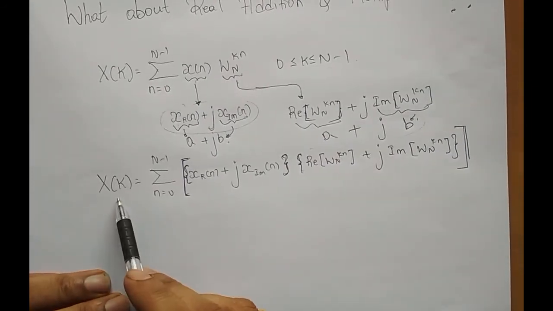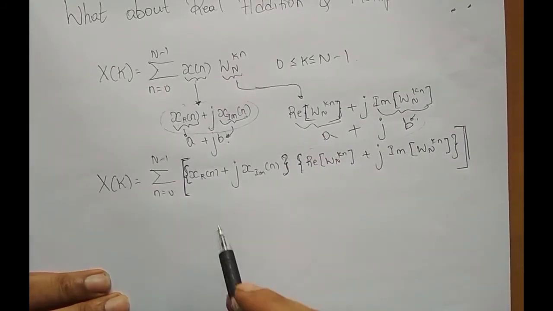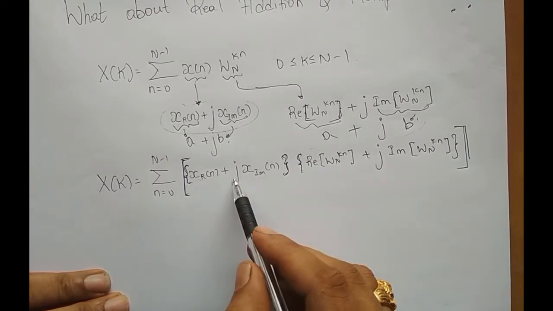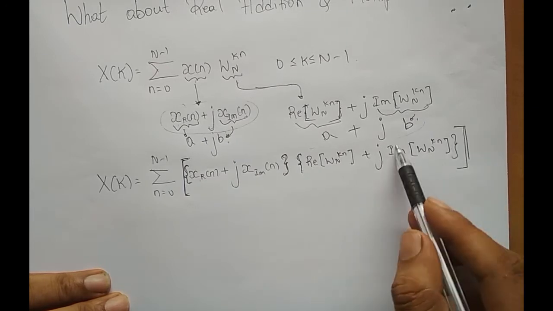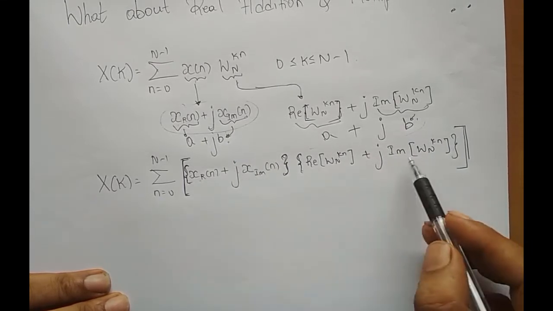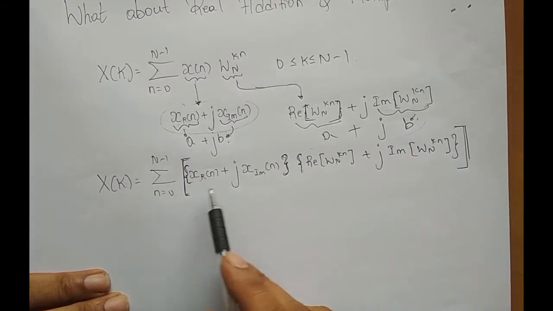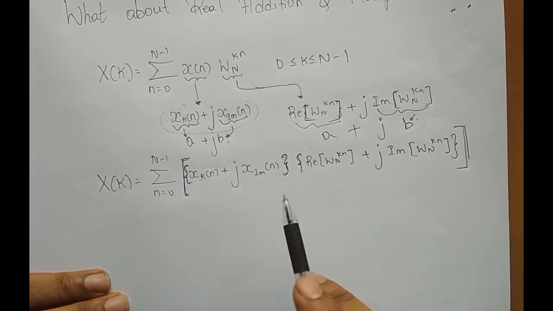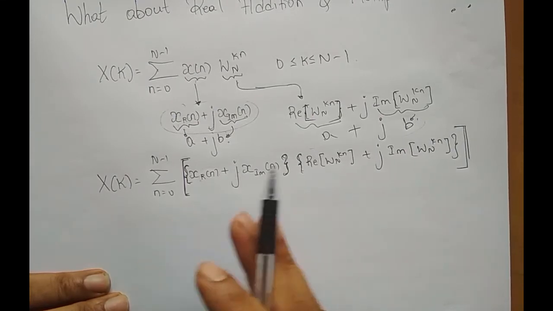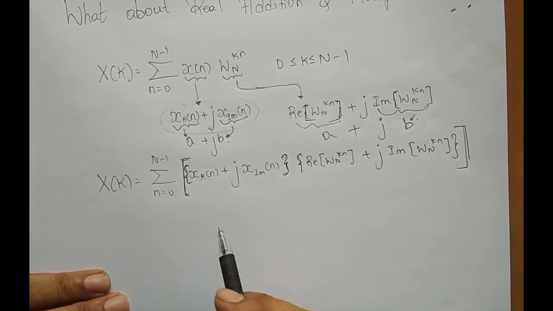Now, if I simplify this, I'll get 4 terms, right? This term multiplied with this term plus this term multiplied with this term plus this multiplied with this plus this multiplied with this. Okay, so when I multiply it and simplify it, I will get totally 4 terms. And once I get the 4 terms, I will separate real part and imaginary part. Okay, so which are all the real parts?